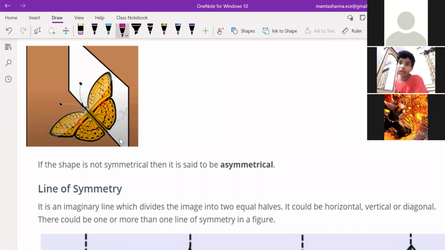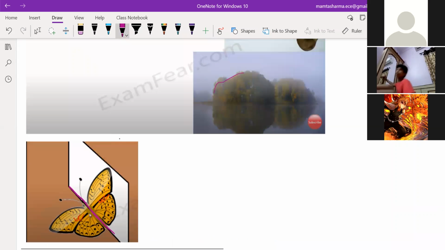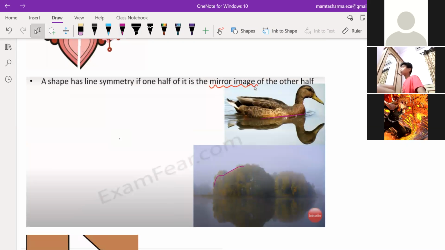If you put the mirror in the middle of the butterfly, you can see on the mirror there would be an image which will be the same as the other half image. So the mirror image and reflective image, they both are the same.